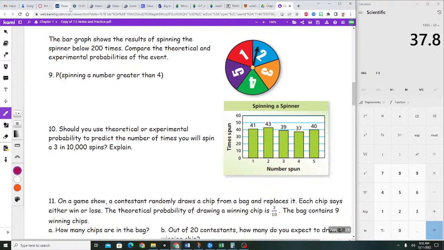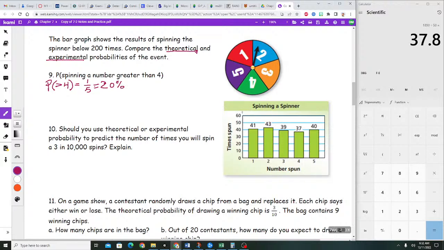So the bar graph shows the results of spinning the spinner below 200 times. Compare the theoretical and experimental probabilities of an event. So spinning a number greater than 4. Well, there's only one number on the spinner that's greater than 4. So we'll find the theoretical probability first. It's 1 out of 5, which is 20%.